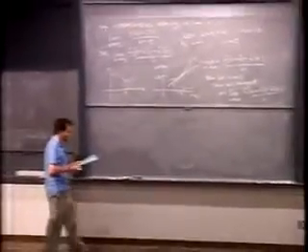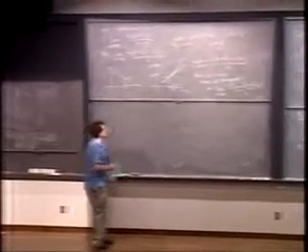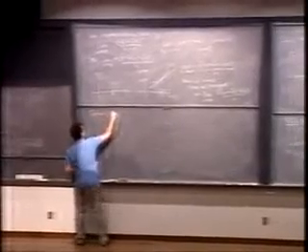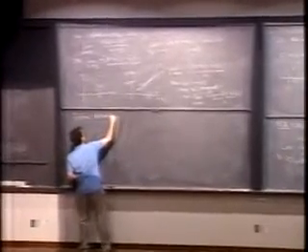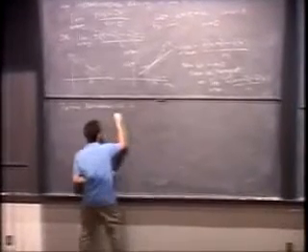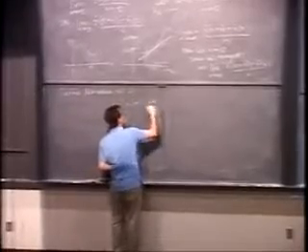Now what does this have to do with this idea of derivative? Well, in fact, I'm going to define the derivative. So here's the definition of the derivative of f. It's defined by this equation. It's exactly what I just wrote.